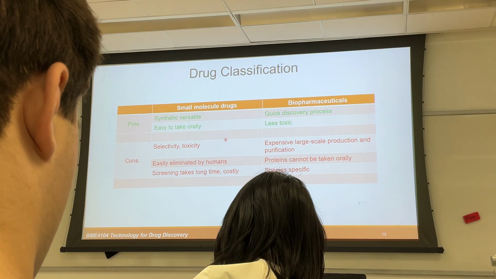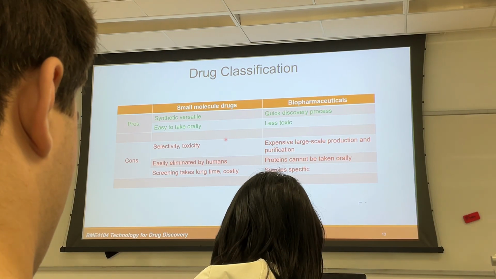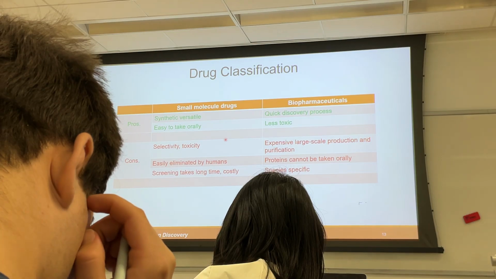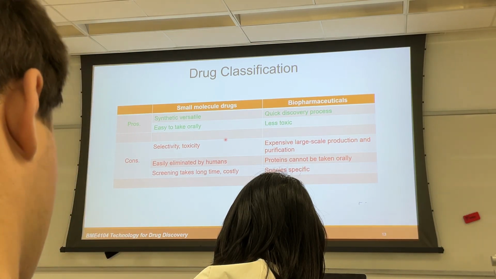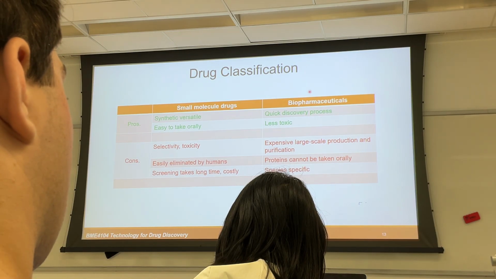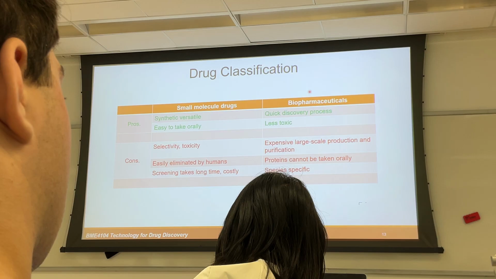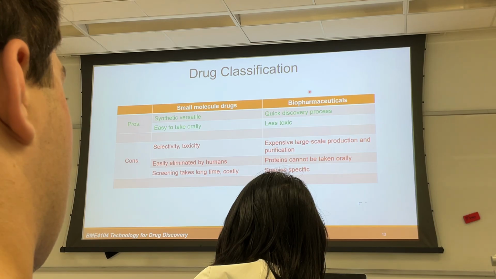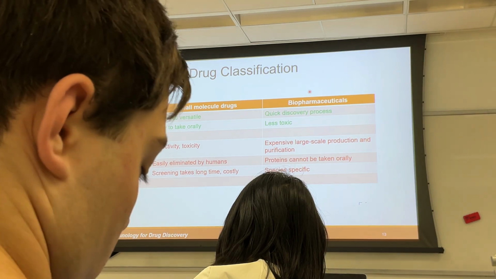But biologics can usually last several days or even months, so you don't have to inject that frequently. So that is the pros and cons of these 2 big categories. We'll talk about them in more detail later, but you can see that they have their respective limitations and advantages. So you need to choose which one to develop based on your purposes.